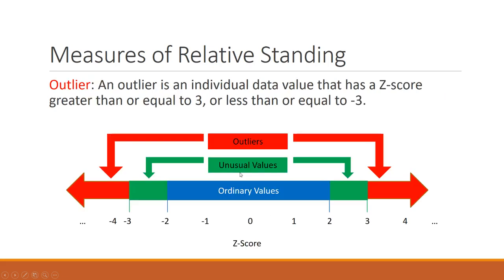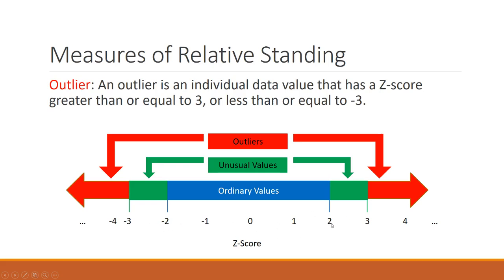Okay, so let's think about this another way. Let's say our z-score is between -1 and 1. That means that particular data point is a highly likely data point. It's an entirely ordinary value. Even if we go out to maybe 2, we're looking at ordinary values in our data set.